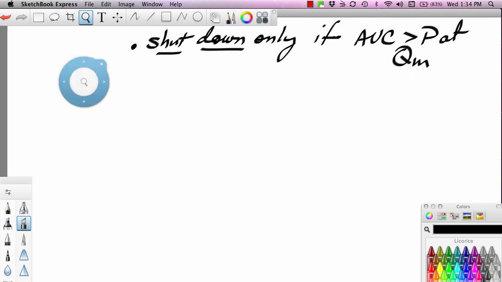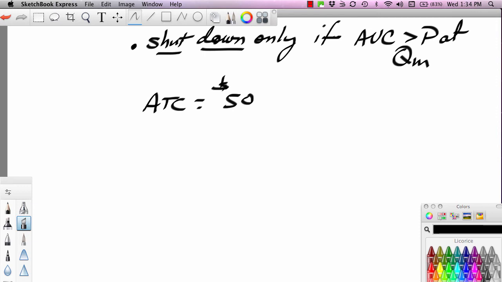Okay, so let me give you some data. Assume that ATC, I'll use some different numbers here, ATC equals 50. Assume that AVC equals 30. Assume that price equals 20.